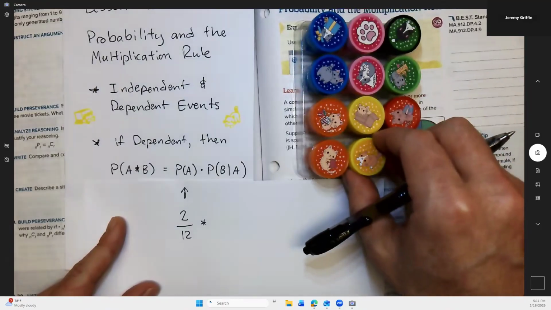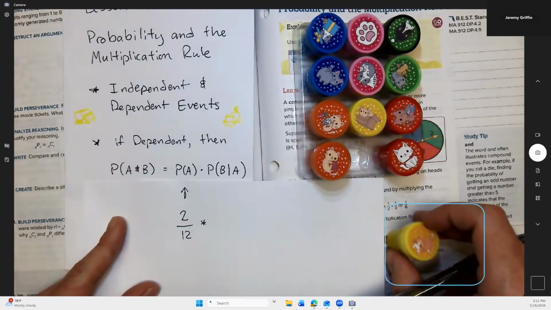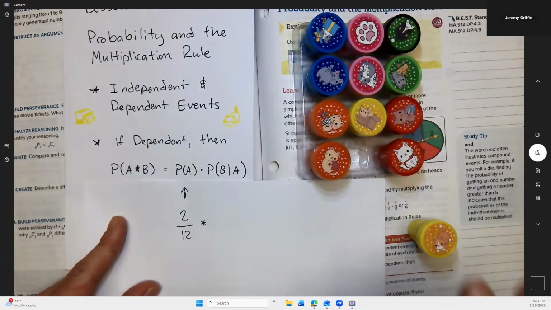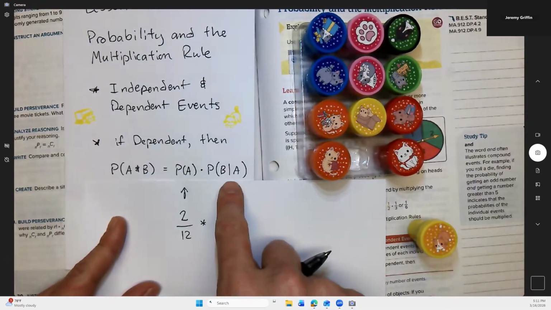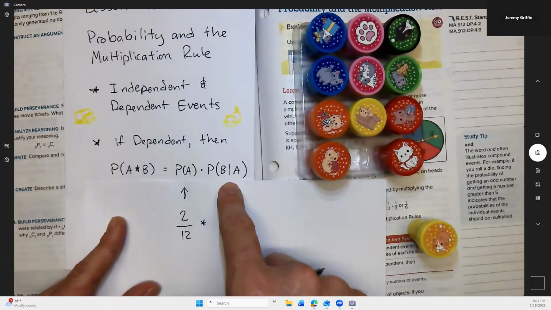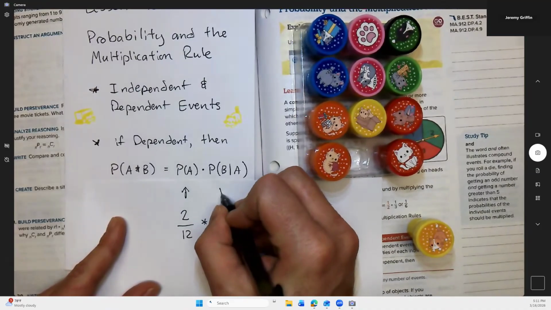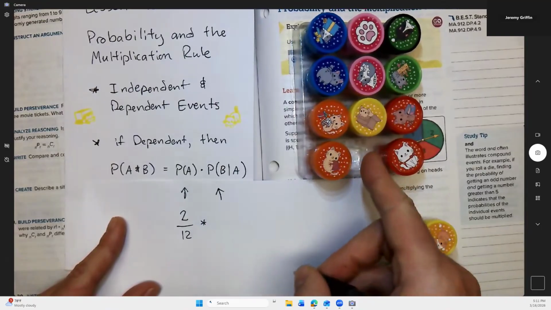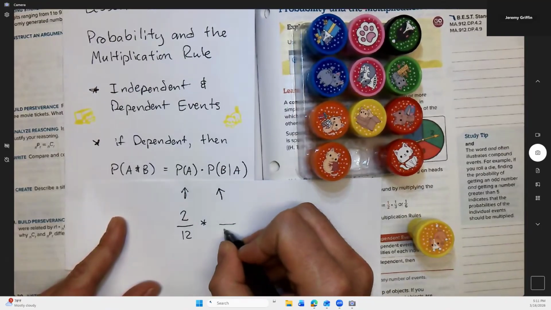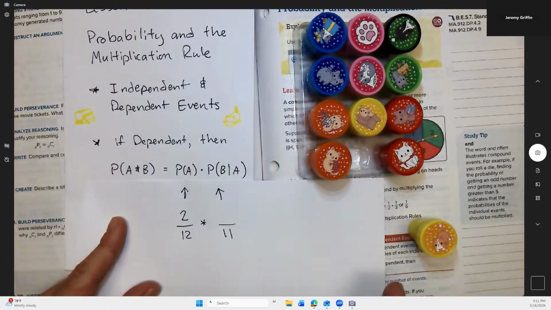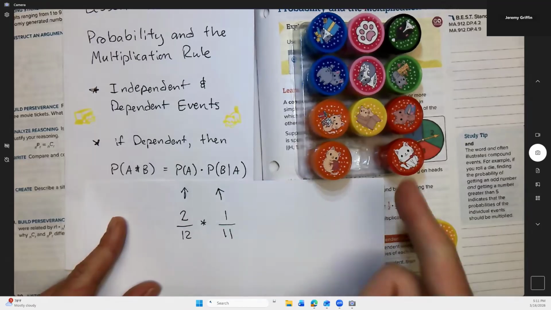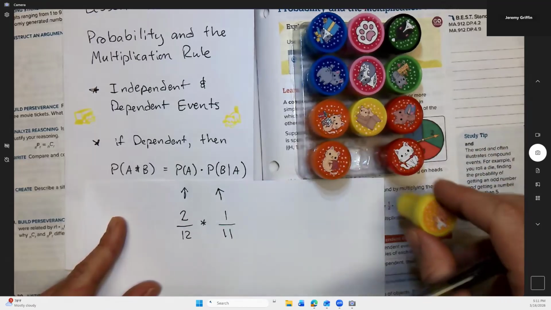Because once I take out one, and that happened to be yellow, now that that event did happen, that opens the door for this next possibility to happen. Here, this probability of B given A is, well, now that A happened, there are only 11 stamps remaining because I did not replace the first stamp, and only one of those is the yellow kitty that remains. So it'd be like this.